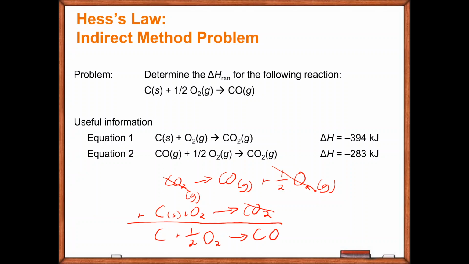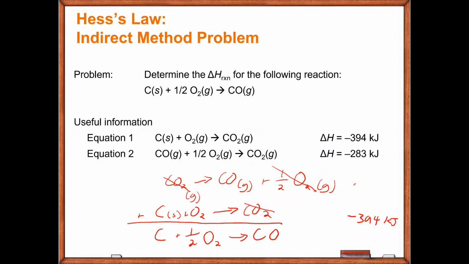Now, what do I do with my values? My value for the top reaction, C plus O2 gives me CO2, didn't change, so I didn't do anything with this value. I'll write minus 394 kilojoules. But I reversed the second reaction, equation 2. What you do when you reverse a reaction is you change the sign.